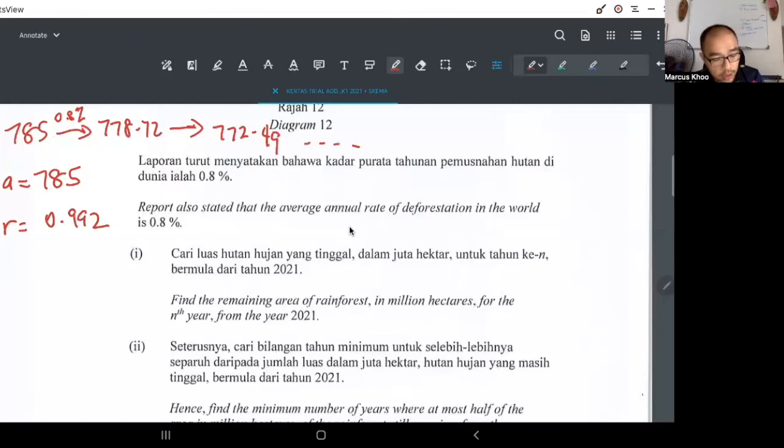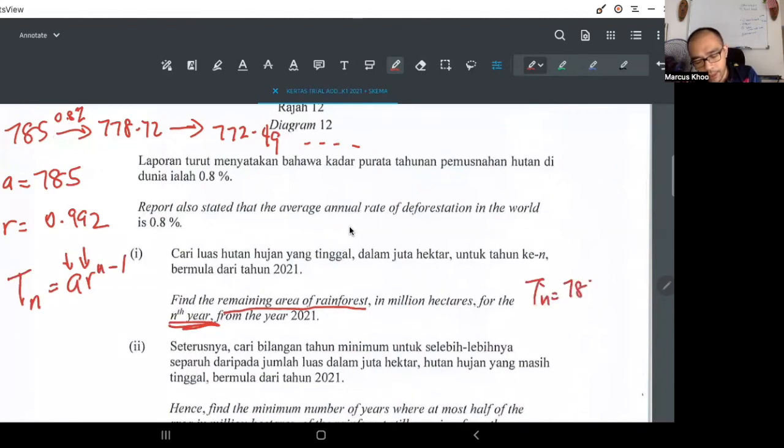So the question is, find the remaining area of the rainforest for the nth year. So we want to find Tn, which is ar to the power of n minus 1. Substitute A, substitute R, and then leave the answer as it is. The answer will be Tn equals 785 times 0.992 to the power of n minus 1. You can't really do much about this.